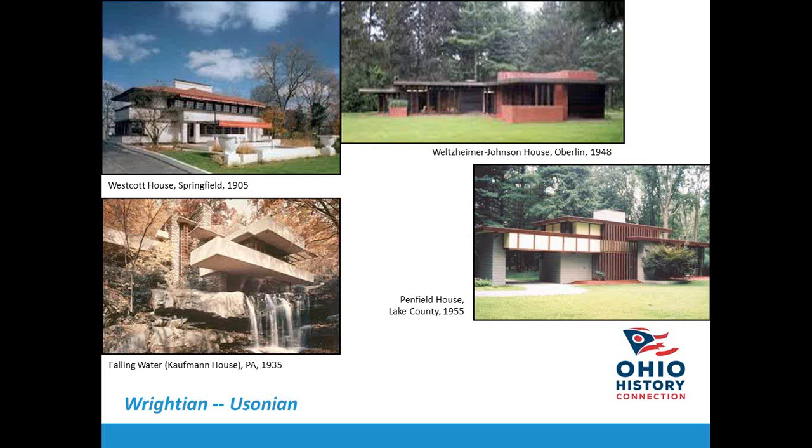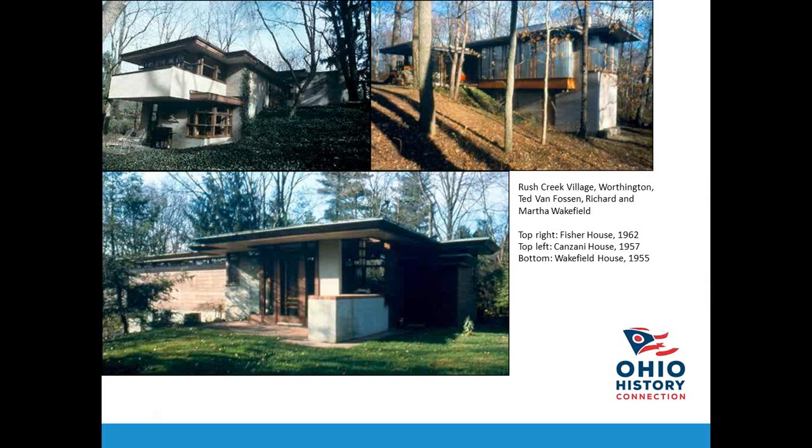So here we see an expression in Rush Creek of those Usonian principles. Rush Creek and the buildings at Rush Creek neighborhood in Worthington were not designed by Frank Lloyd Wright. They were designed by Ted Van Fossen. They were built by the husband and wife building team of Martha and Richard Wakefield. Both of the Wakefields and Van Fossen had visited Taliesin.